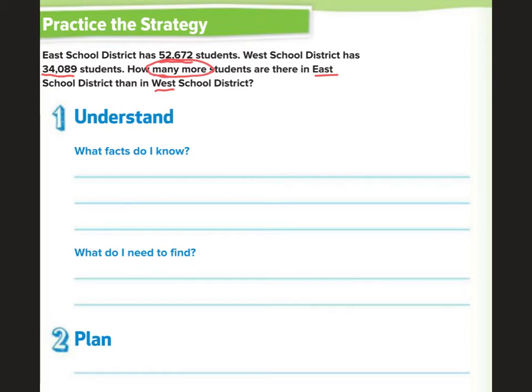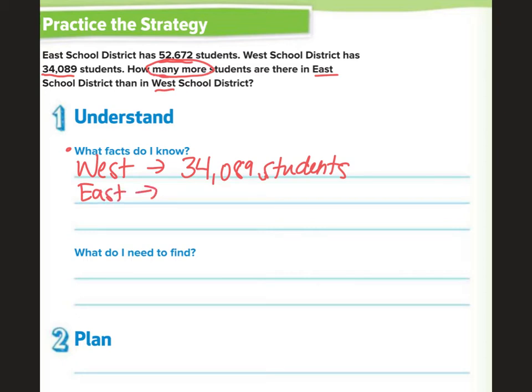All right, so let's follow our plan here. First, we need to understand what the question's asking us. We can do that by saying, what facts do I know? I know that West School District has 34,089 students, and East School District has 52,672 students.